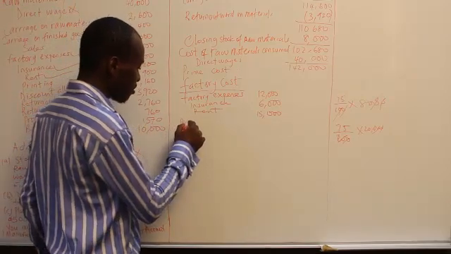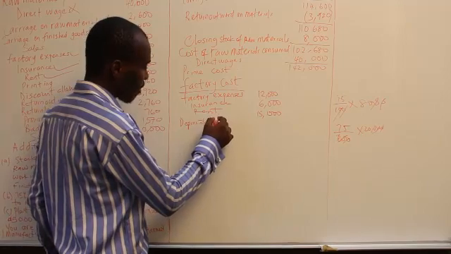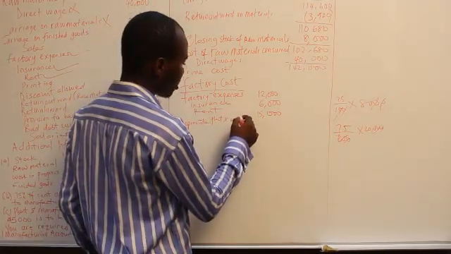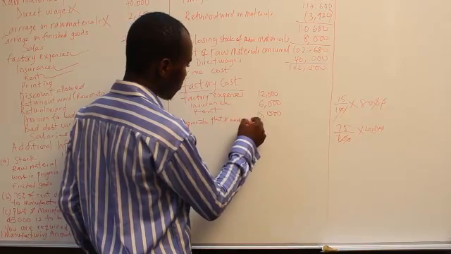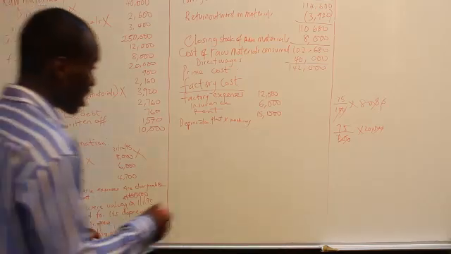Plant and machinery is used in the factory, so depreciation of plant and machinery, 5,000 naira, is taken at factory cost.